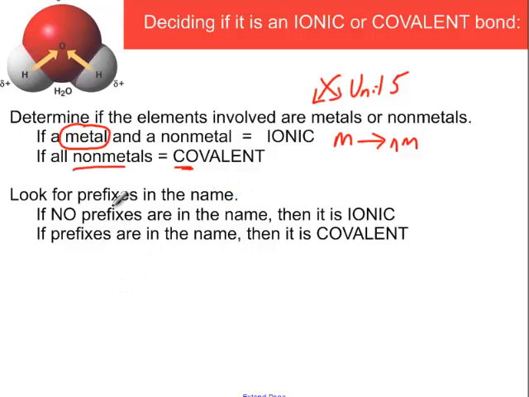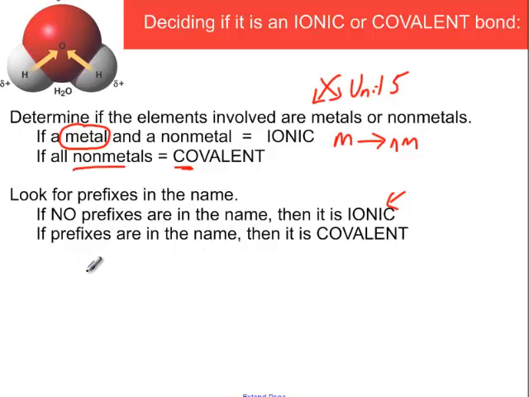So if you have a name, just check it out, see if there's some prefixes in there. If there aren't any prefixes, then it's automatically ionic. Now think about everything we've done up to this point. Have you seen a single prefix? Sodium chloride, magnesium sulfide, magnesium sulfate, sodium phosphide, potassium bromide. No prefixes.